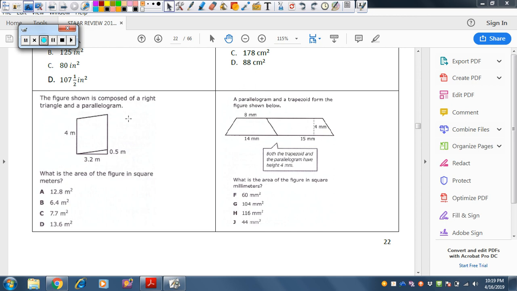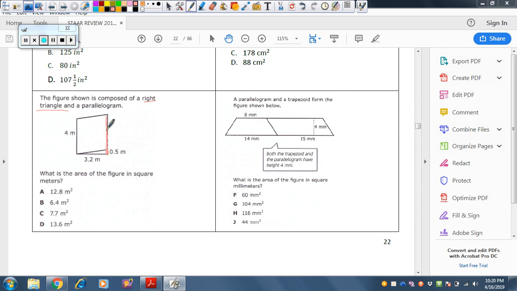All right, figure shown is composed of a right triangle and a parallelogram. You can treat it as a trapezoid if you want. It does say right triangle and a parallelogram, so I would probably do it their way, but you can do it however you like. From here to here is 0.5.